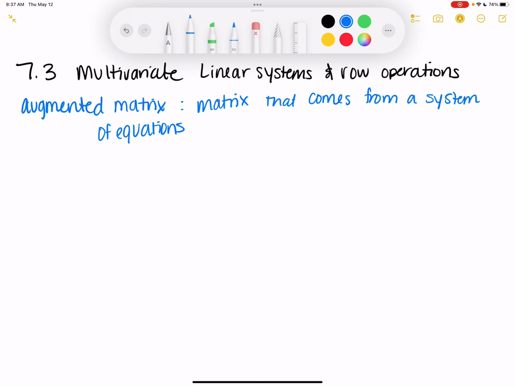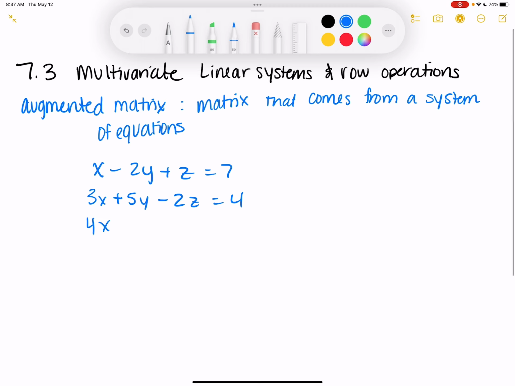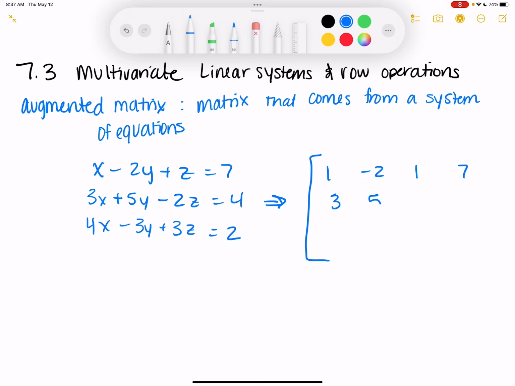So if you have the system x minus 2y plus z equals 7, 3x plus 5y minus 2z equals 4, and 4x minus 3y plus 3z equals 2, the augmented matrix that comes from that is 1, negative 2, 1, 7, 3, 5, negative 2, 4, 4, negative 3, 3, 2.